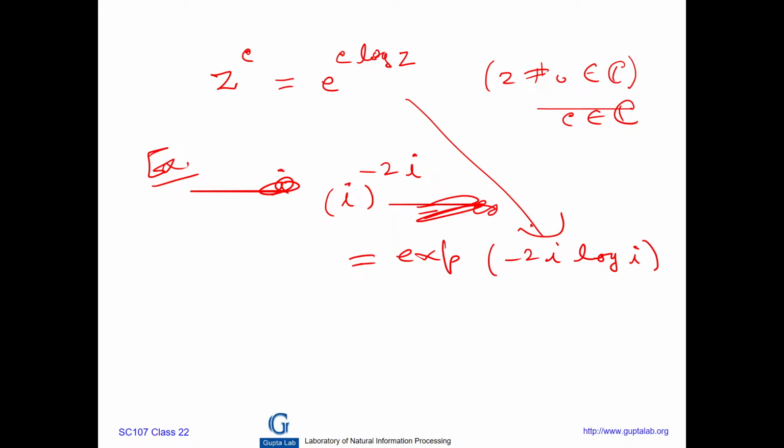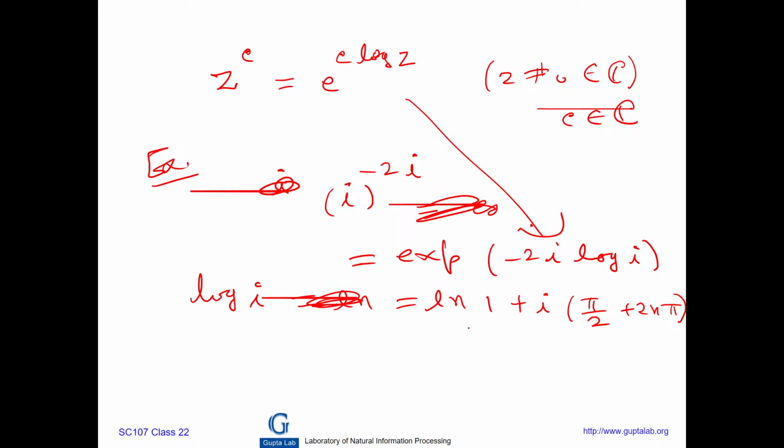Now what about log i? Log i is a multiple valued function. Value will be log 1 plus i times pi by 2 plus 2n pi. This is the value of log i.